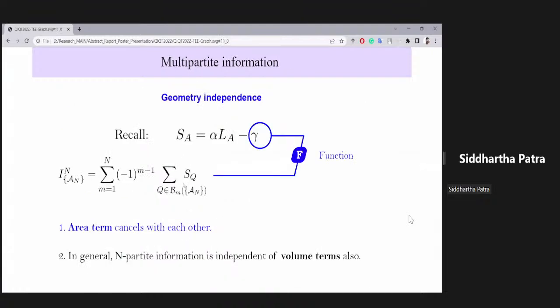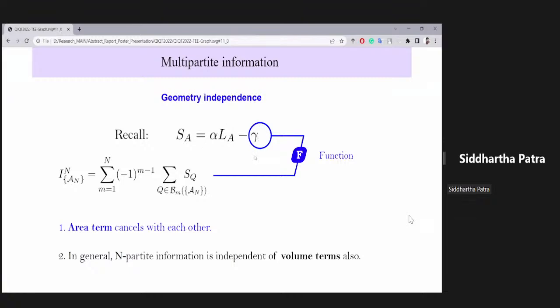Before we go to the graph problem, let's discuss the special properties of this multipartite information. For this special entanglement structure, S_A is equal to alpha L minus gamma A. Here alpha L is the area law term, and gamma is the constant correction to the area law.